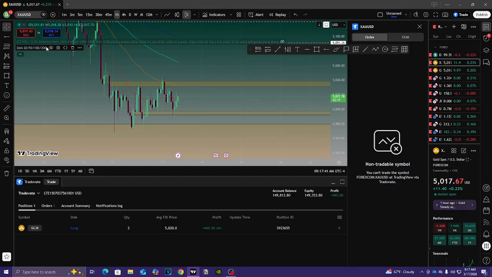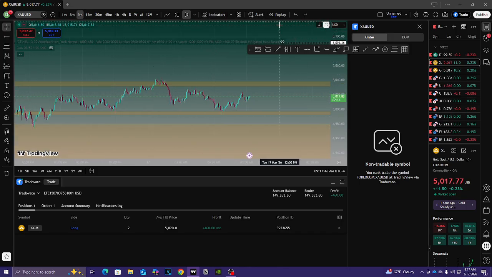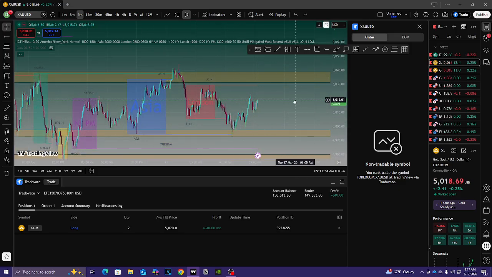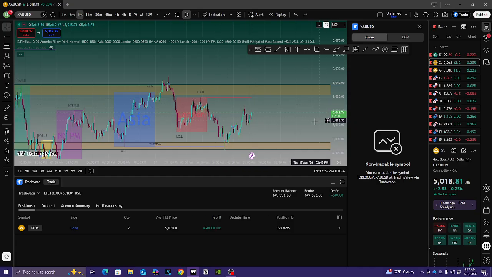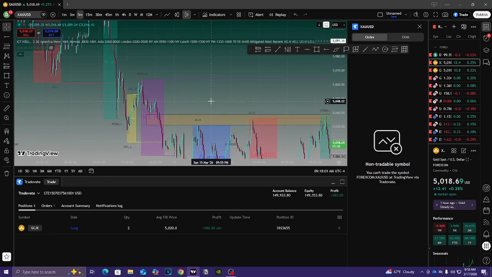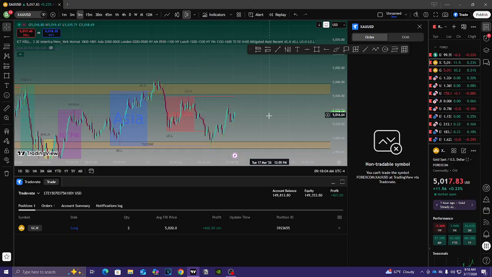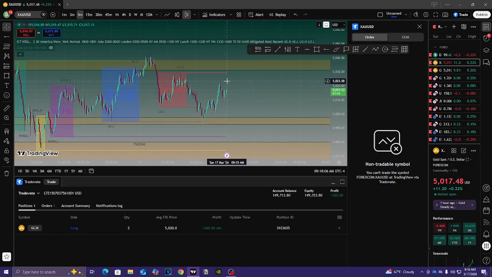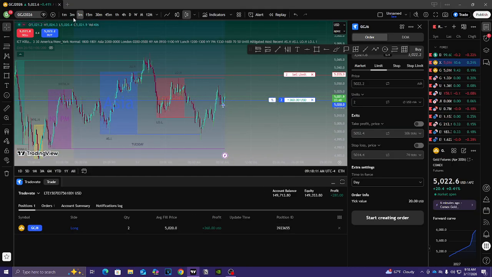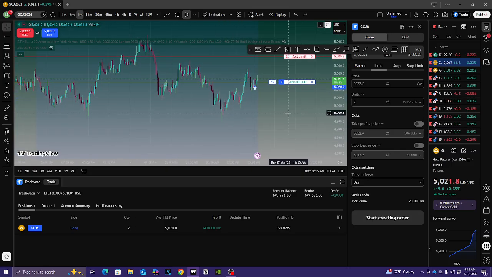Let's check if it swept any lows. Okay, so it did sweep London lows and Asia lows. Now it's going for London highs, yeah, going for London highs right now. So let me take this off because it's too much noise.